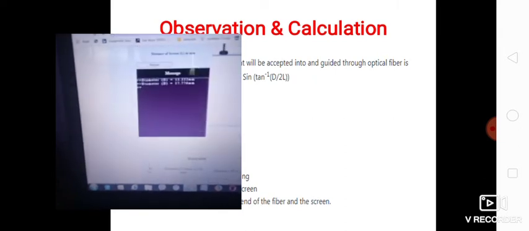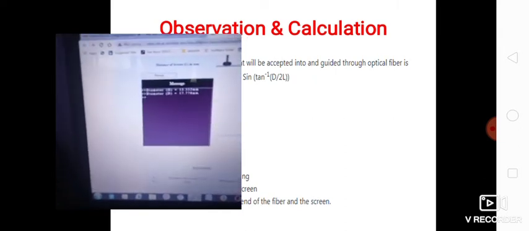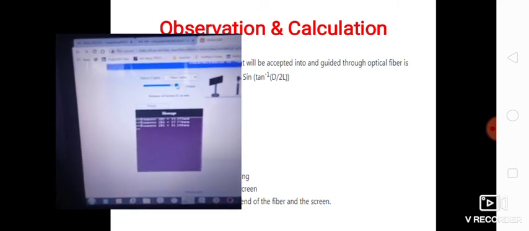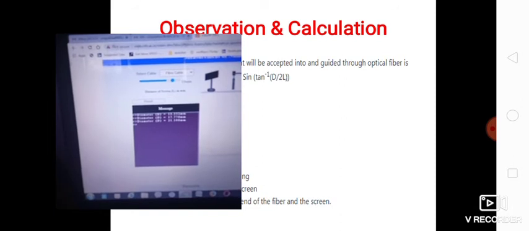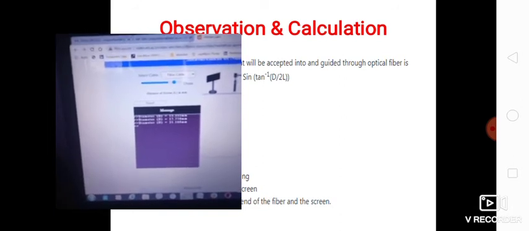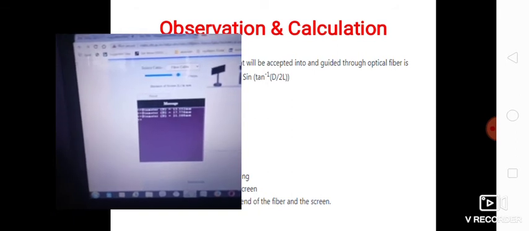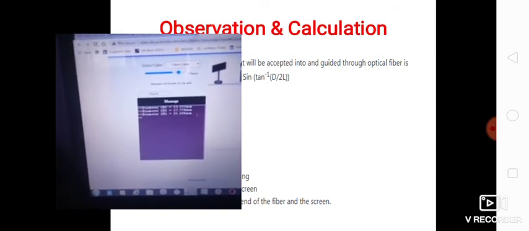Now step 3. I am again going to change the distance. Now it is 19 mm. The 19 mm distance between the fiber and the screen will give you a diameter of 21.10.